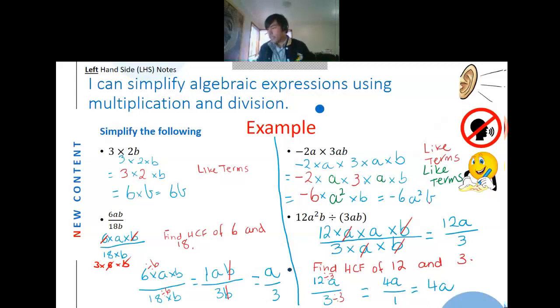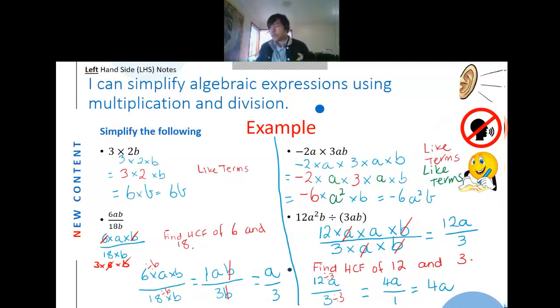Okay. And then finally, we have another division. So this is written a bit differently to the one on the left here, but it's still a division. So we have 12a squared b divided by brackets 3ab.